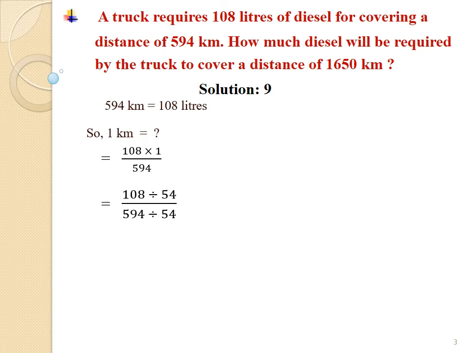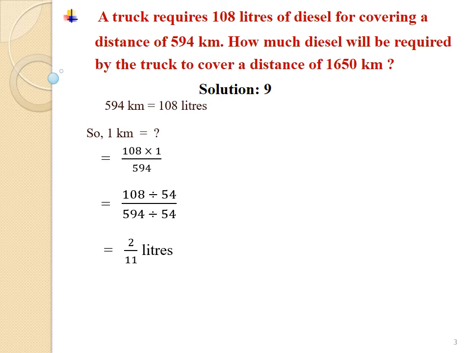Now dividing 108 by 54 and also 594 by 54, we get 2 upon 11. Thus, 2 upon 11 liters of diesel is needed to cover 1 kilometer distance.